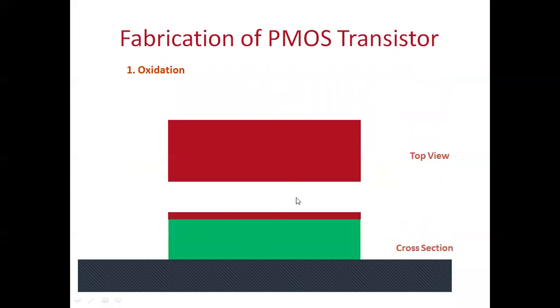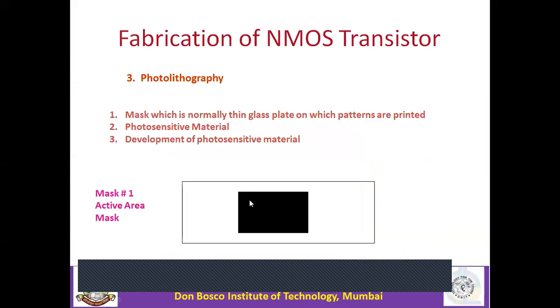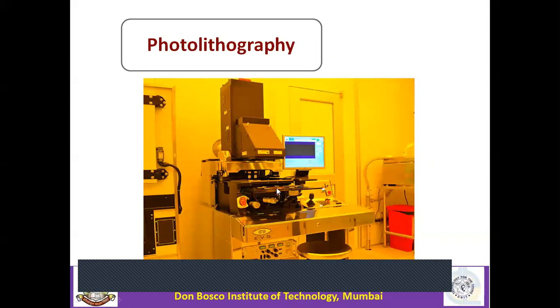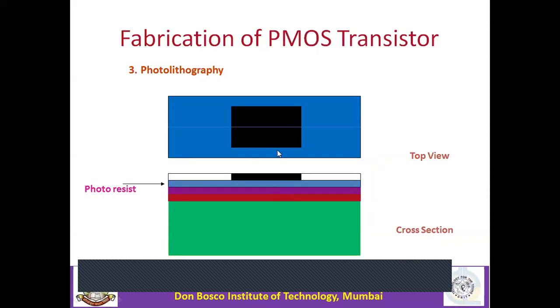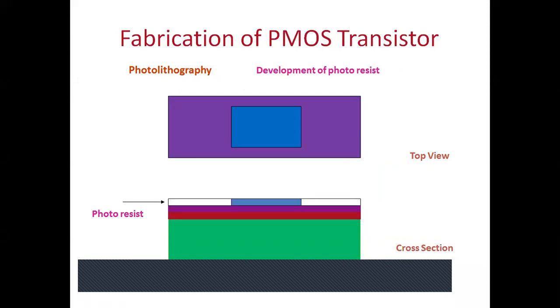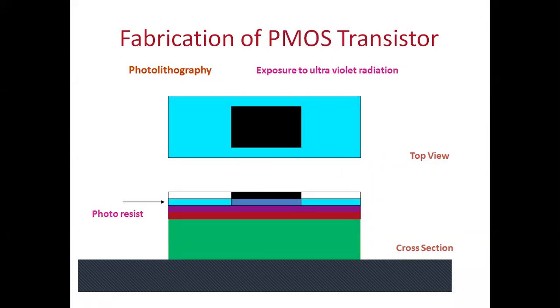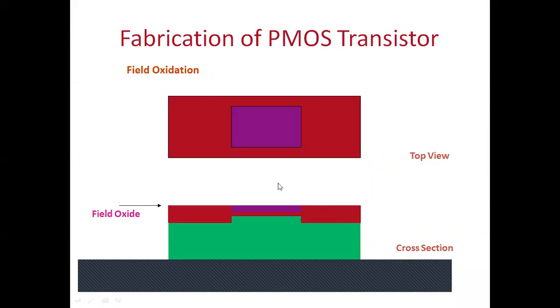Then again oxide is deposited, silicon nitride is deposited, same thing. Then the gate mask is used in the photolithography process, with exposure to ultraviolet radiation, then development and etching. Everything is the same.